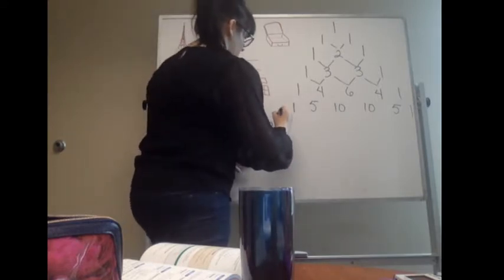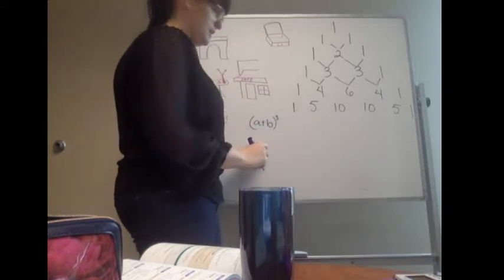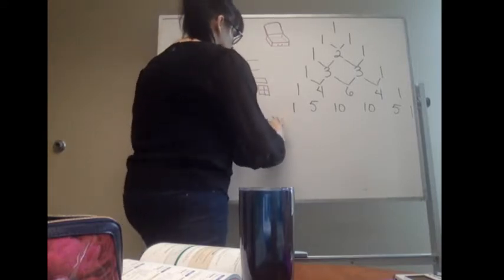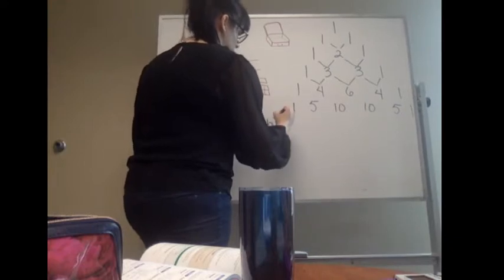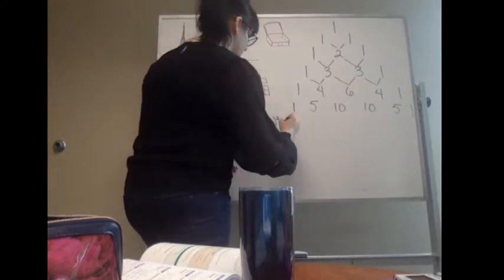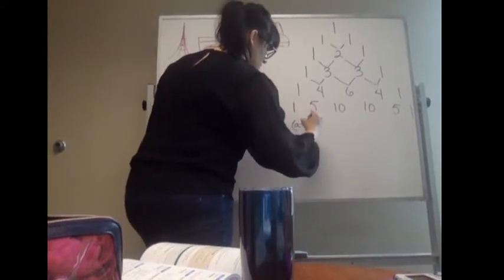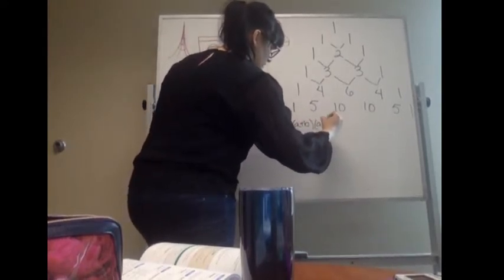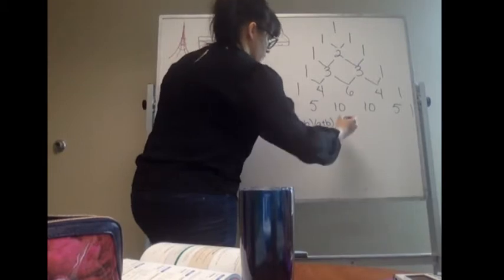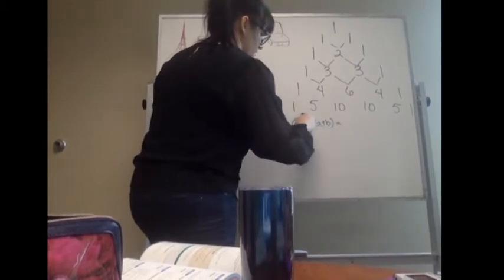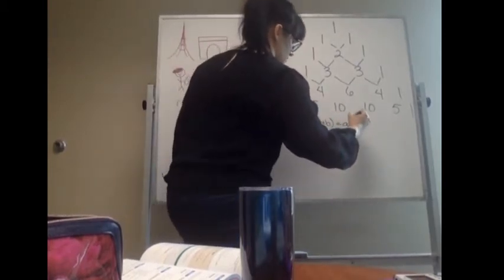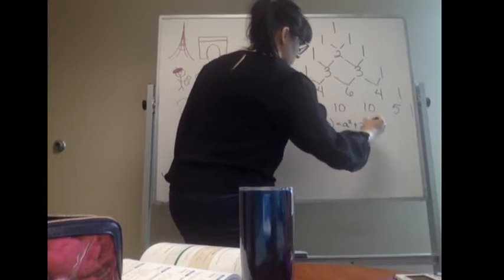If we have it raised to some power, let's square it first, just to show what we're talking about. So that's a plus b times a plus b. If we FOIL it out, we get a squared plus 2ab plus b squared.